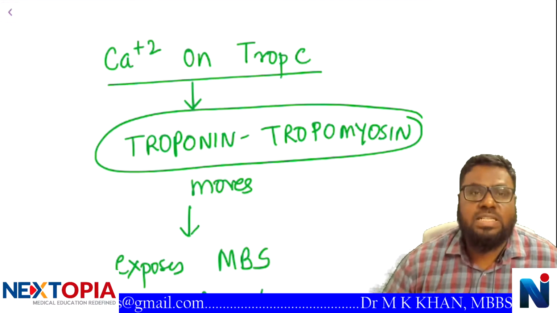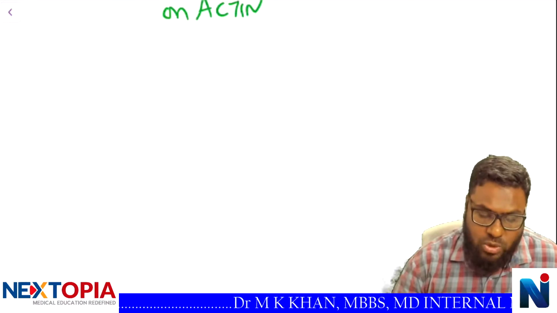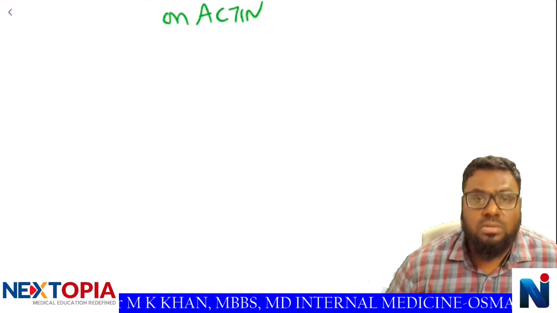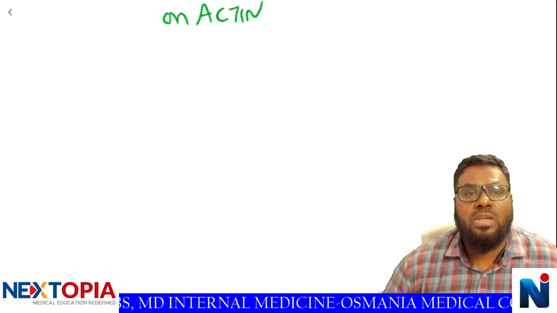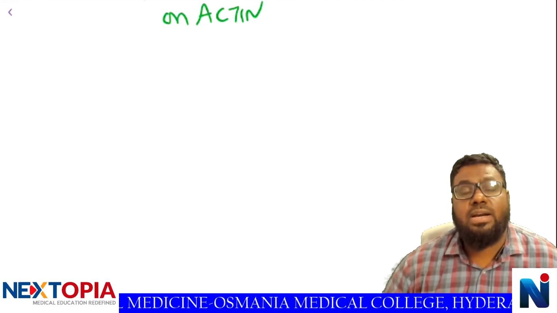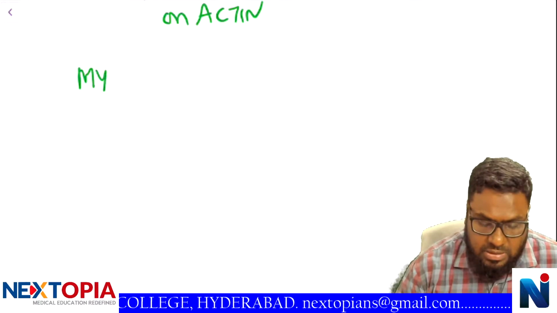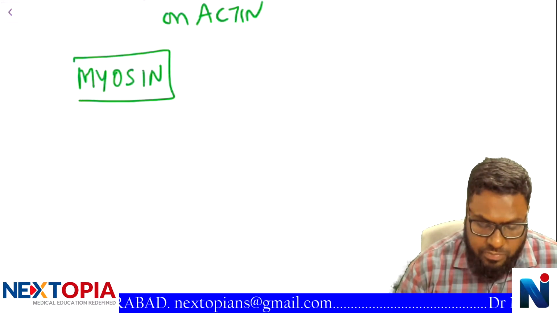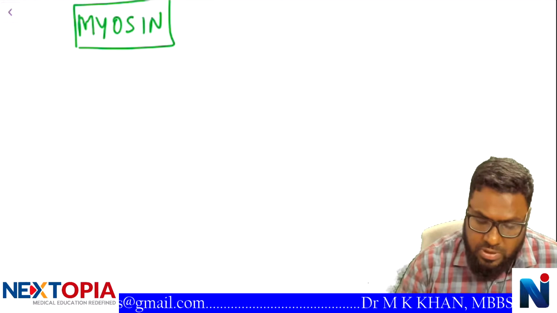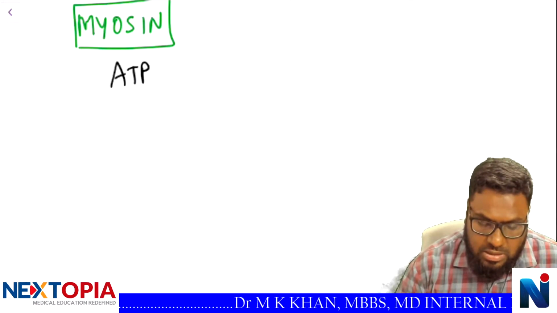What are the proteins present on the thick filaments? Please remember the myosin. The thick filament, that is the myosin, has a very important enzyme activity. Myosin has ATPase activity.